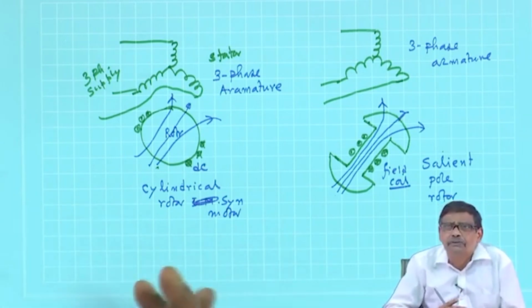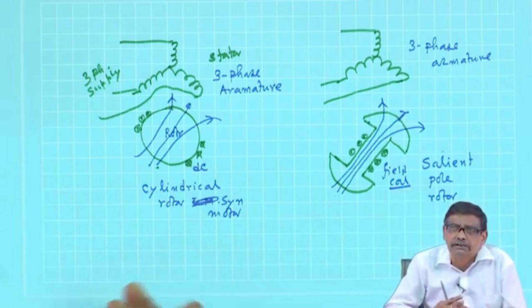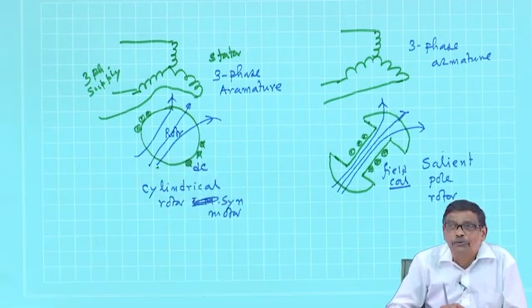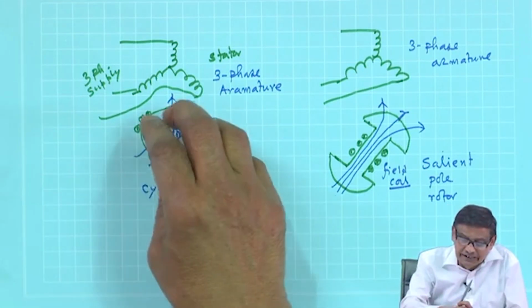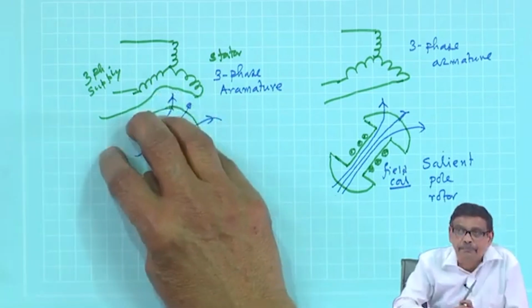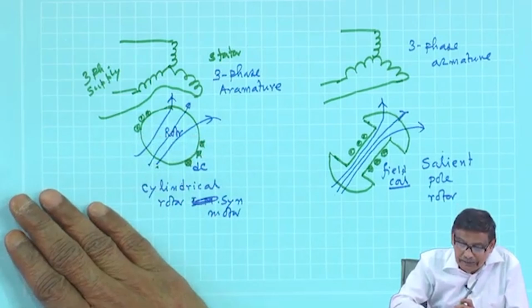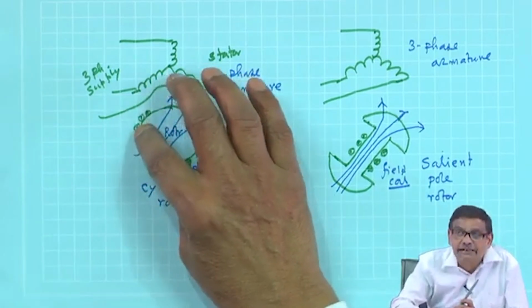So, people do not go for high rating 3-phase induction motor. But in case of synchronous motor, the excitation is completely from a separate source, from a battery bank. In a power station, you will find there is a battery bank which is exciting this coil.